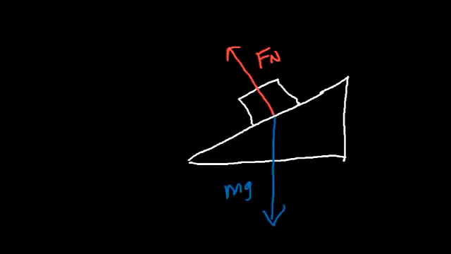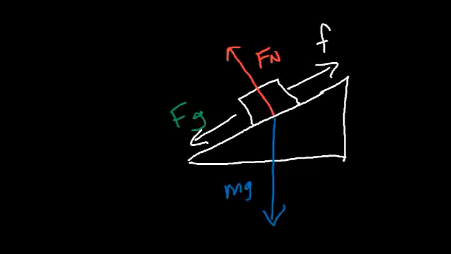There's a component of gravity that pulls this object down the incline. We'll call it Fg, and because it wants to slide in that direction, potentially we have friction if it's not a frictionless surface. So it could be kinetic friction or static friction, depending on if it's sliding or not.